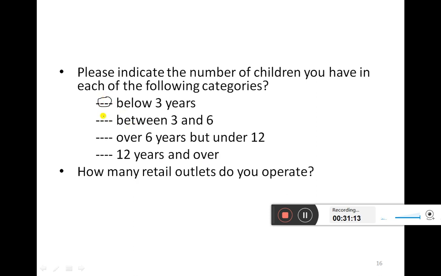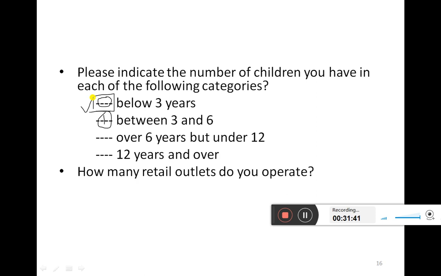Between 3 and 6 years, I have for example one child. So here I have put 0, which means they are really absent, nothing is happening here. 0 has a value, 0 has an importance. 0 shows something absolute, a meaningful 0.